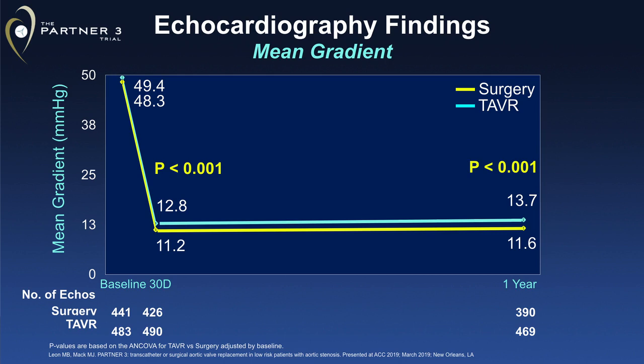Okay, an average gradient of 10 to 15 is excellent after surgery, but we're seeing an average with TAVR of 13.7 millimeters mercury versus surgery 11.6. And that probably just has to do with the fact that we're putting a valve within a valve as opposed to excising the old valve and sewing in a new valve. So there's going to be just a very small difference there, but that's not clinically significant.